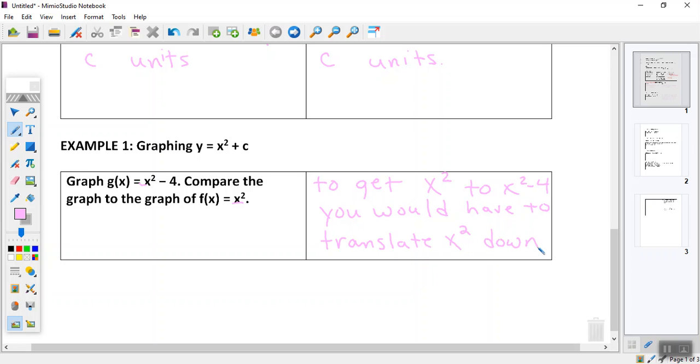Why down, kids? Because it's a negative C out there, yep. Guys, that's pretty easy, isn't it? What if there was a plus 22 out there on the end instead of negative 4? You would have to move x squared up. How many units? 22. Very good, D.